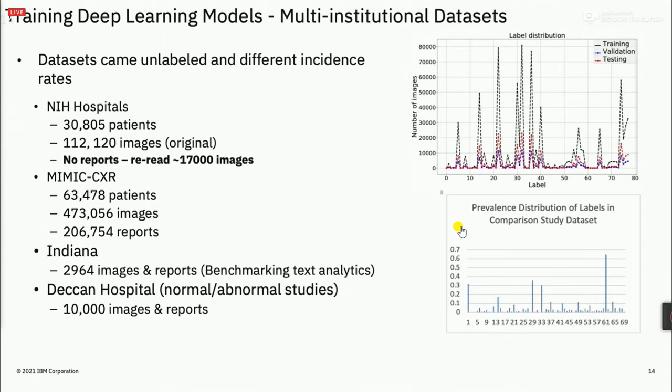The second thing was to be able to acquire multi-institutional data sets, and these are data sets that come from a variety of hospitals, both national and international, so you could have different incidence distributions, and as you can see from the incidence distributions, not all findings occur as commonly. So you need to build machines that can tolerate such imbalance in data as well.